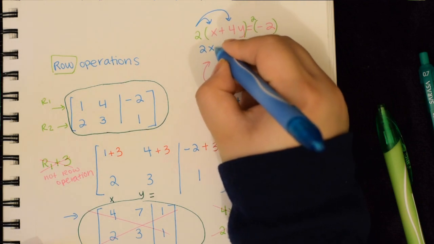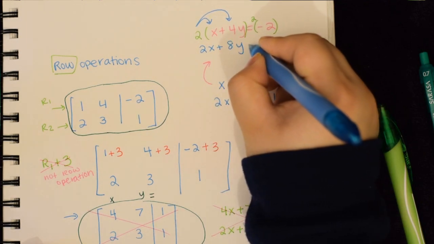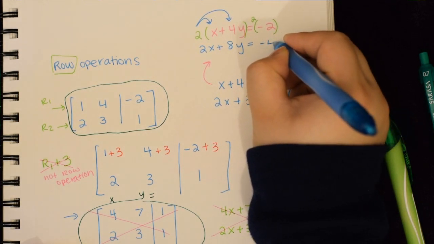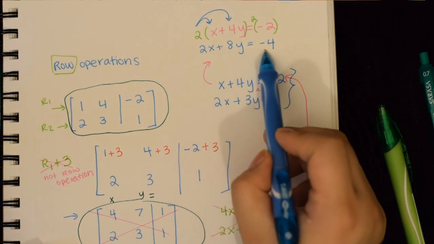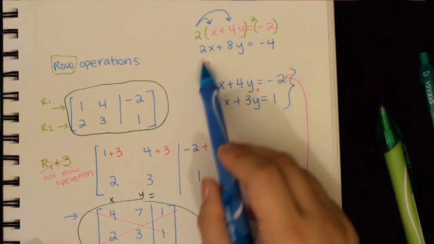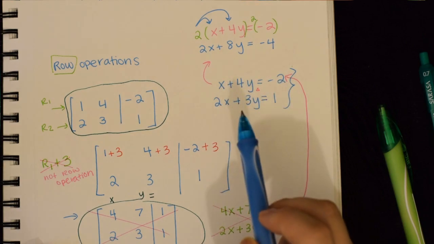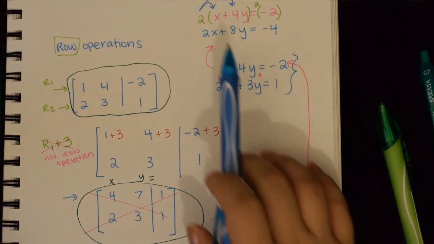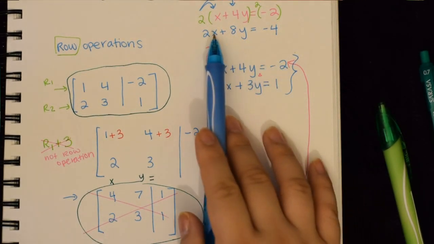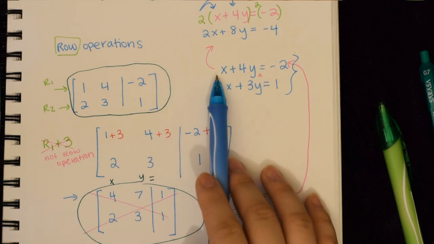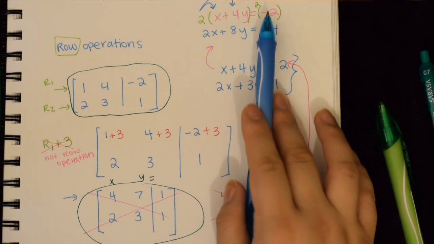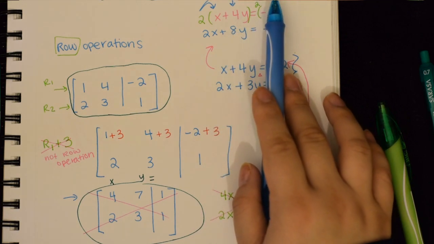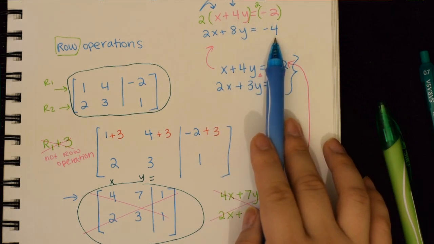So I get 2x plus 8y equals negative 4. And that would be an equivalent equation to my first one. And if you notice, I basically multiplied by 2 times 1 is 2, 2 times 4 is 8, and 2 times negative 2 is negative 4.